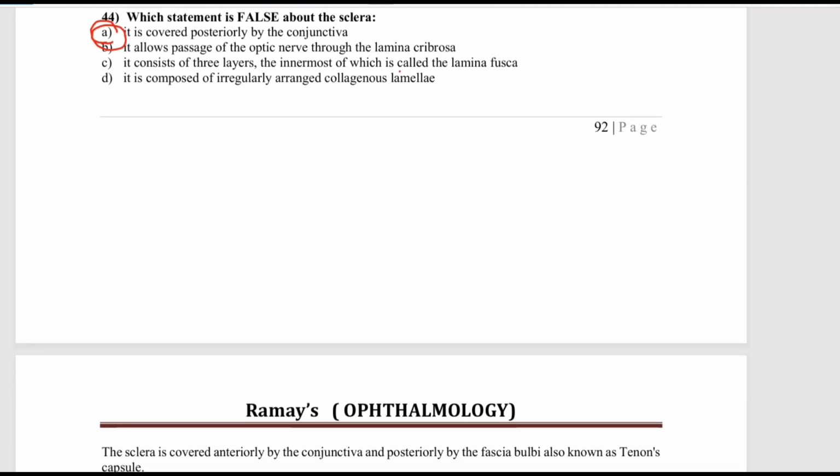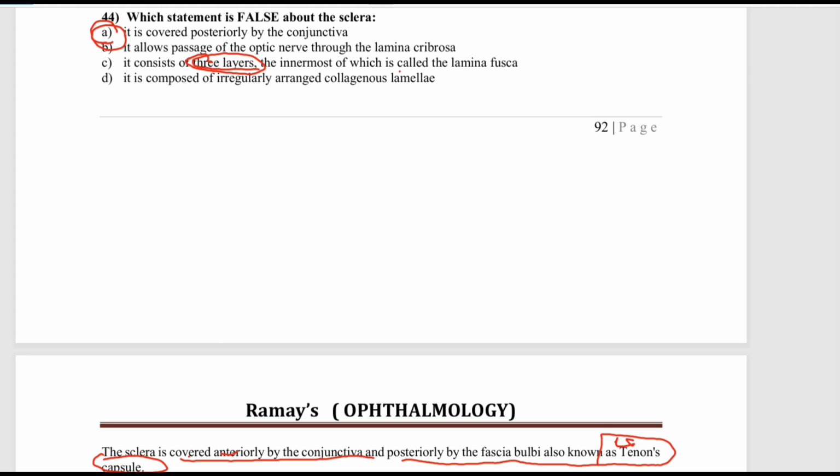Rather, it is covered anteriorly by the conjunctiva. And what is posteriorly? Posteriorly it is covered by the fascia bulbi, also known as the Tenon capsule. Remember that. So here it is written that it consists of three layers. The sclera consists of three layers.